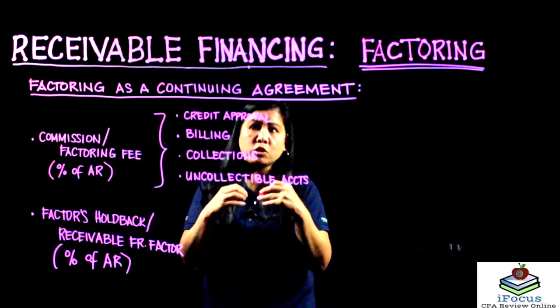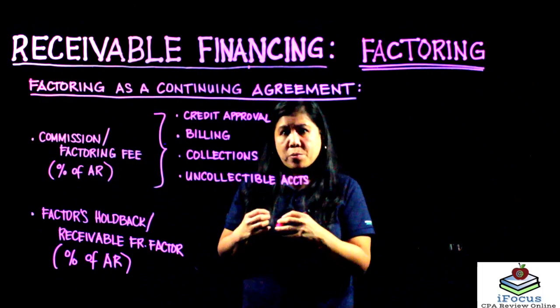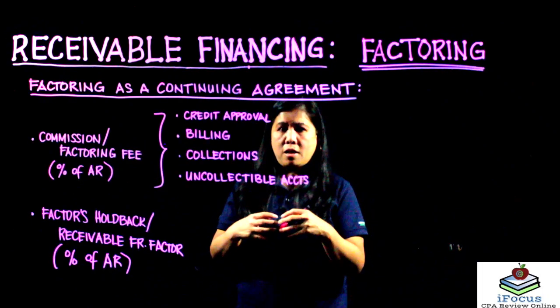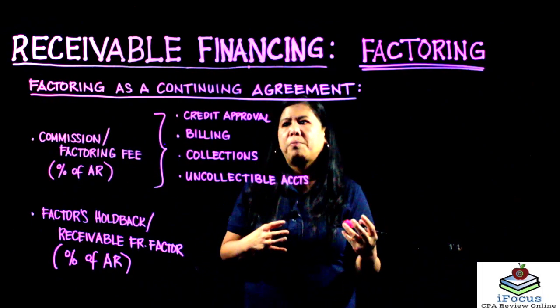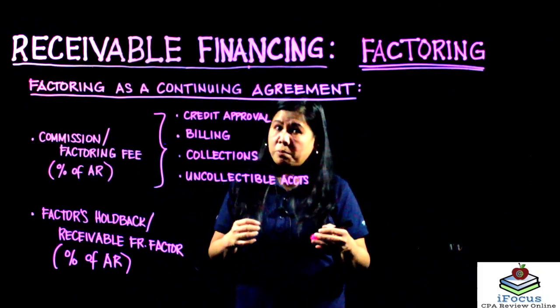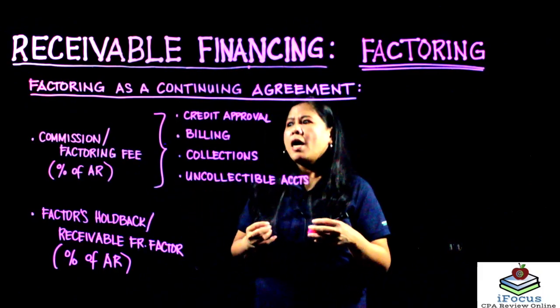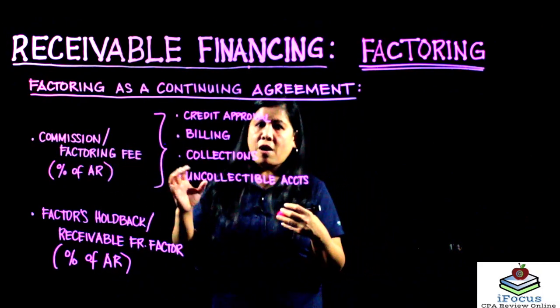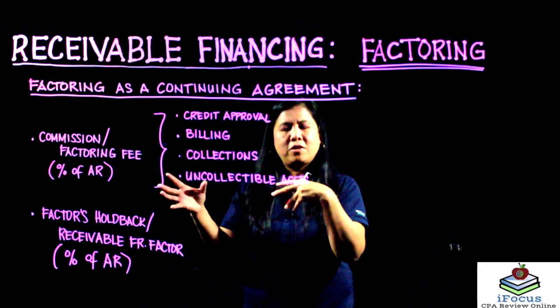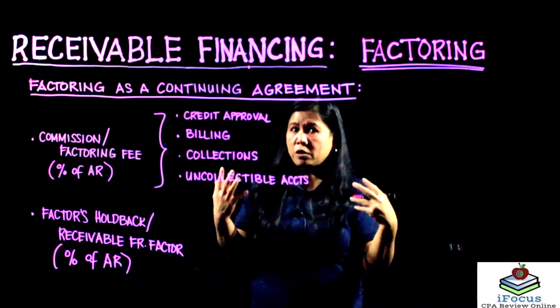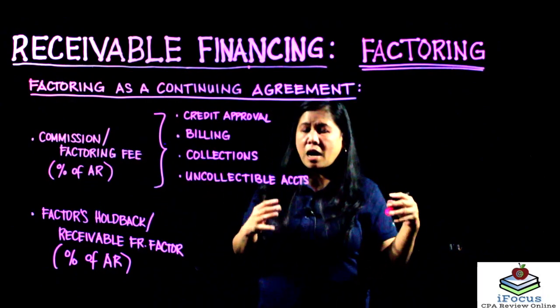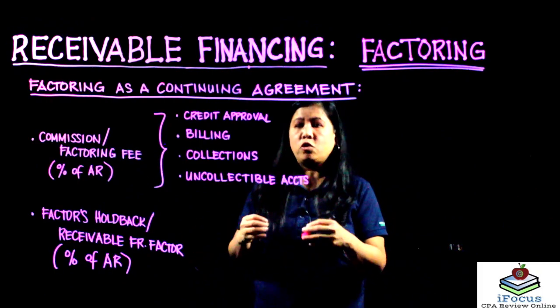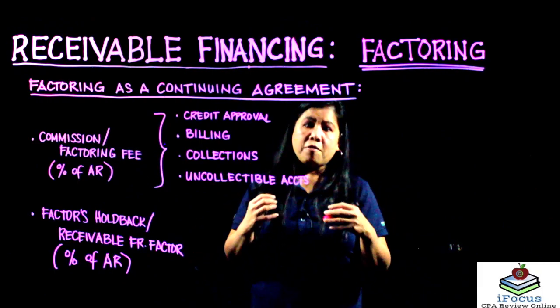So, since the factor approves the credit on the sales of the company, they assume the uncollectible accounts. Alright? And they charge the company what we call a factoring fee. Kasama yan. Okay? Ina-assume na ng factor yon. So, pagdating sa company, wala nang pakialam si company kung hindi makakolekta si factor.